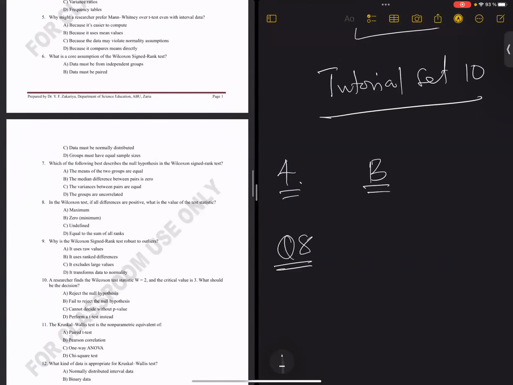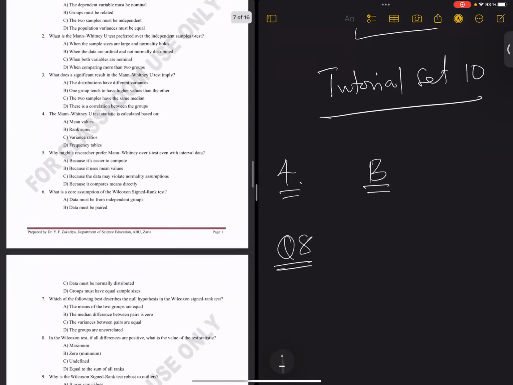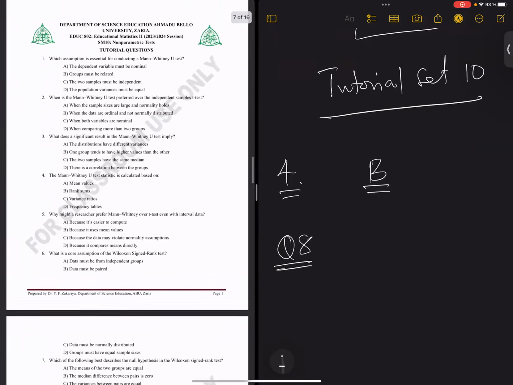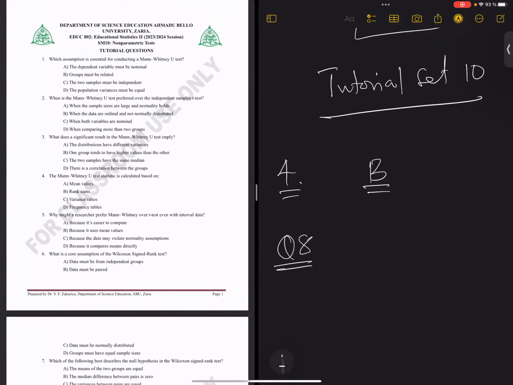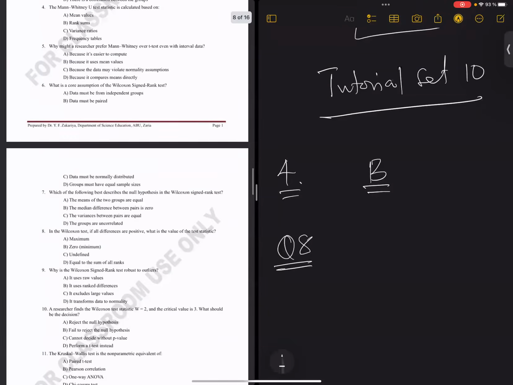We go to problem 8. By the way, the Mann-Whitney U-test is the equivalent of the independent sample t-test, and the Wilcoxon signed rank test is the equivalent of the paired sample t-test.